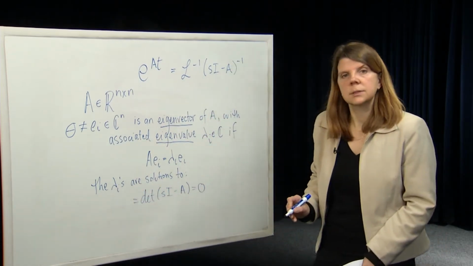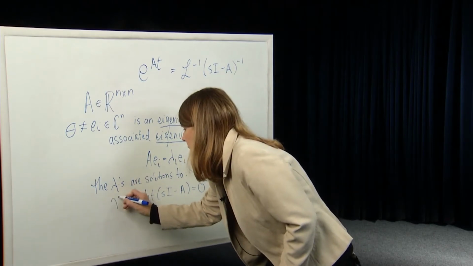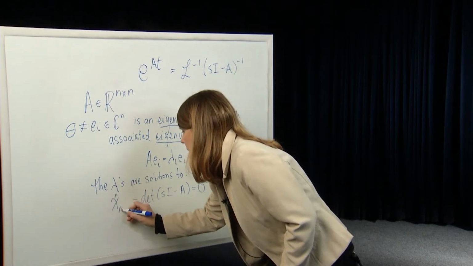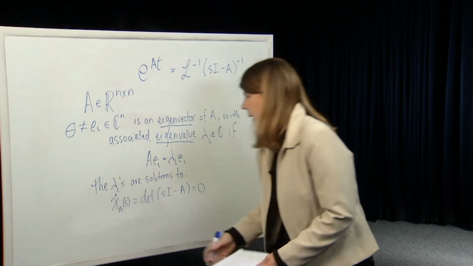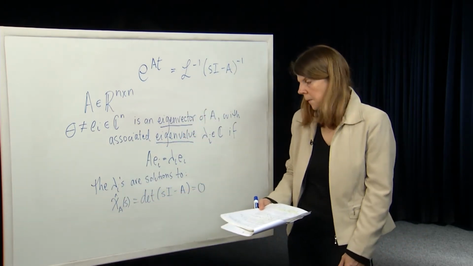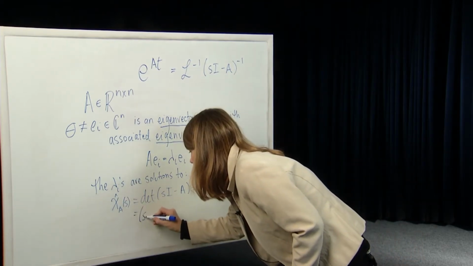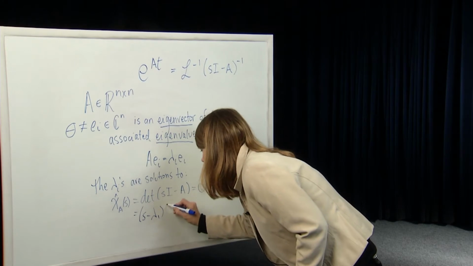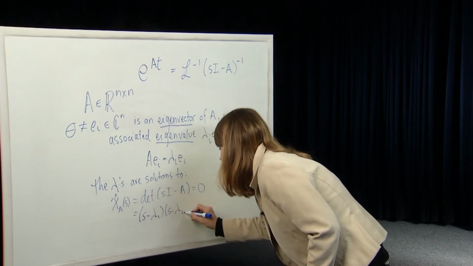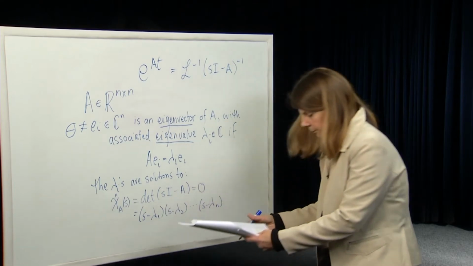It's called the characteristic polynomial of the matrix A. So we use the terminology chi hat A of s to be the characteristic polynomial. It's just defined as the determinant of (sI minus A). And in general, we can write that in terms of its expansion, (s minus lambda_1)(s minus lambda_2) up to (s minus lambda_n).